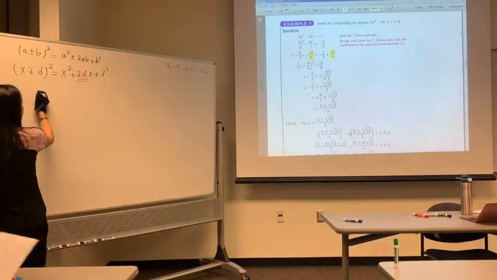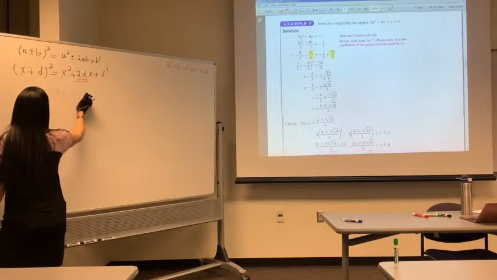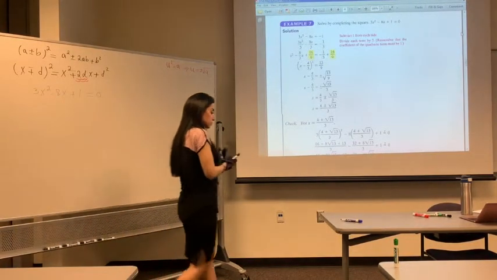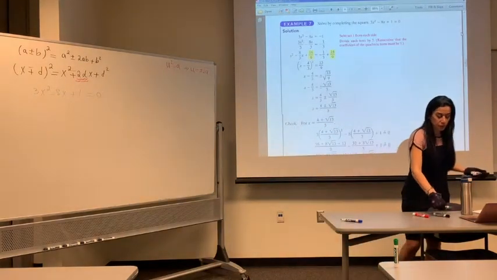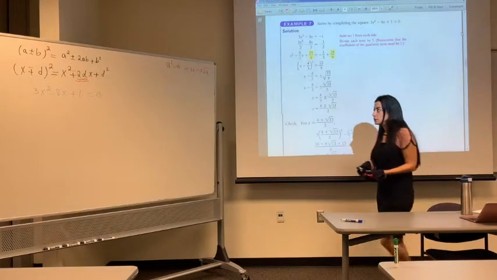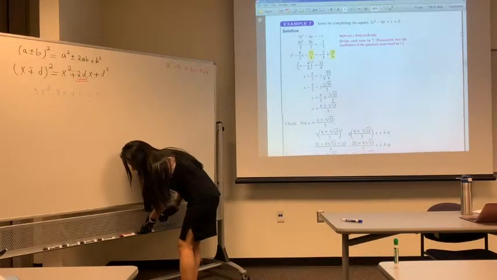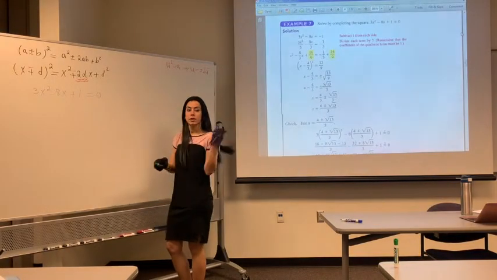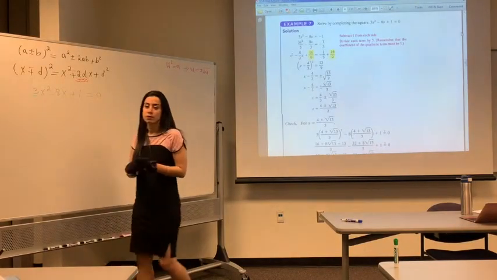We have 3x squared minus 8x plus 1 equal to 0. It seems we cannot use that, but what if you divide all these terms by the leading coefficient, which is 3?